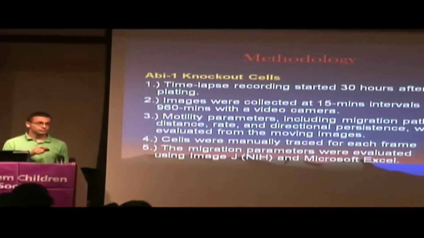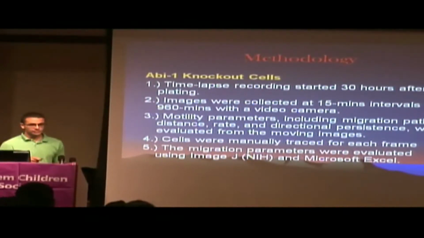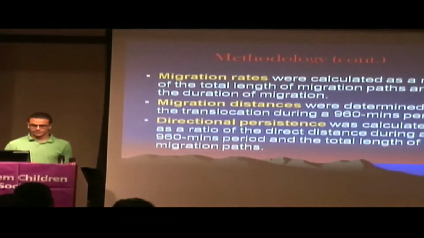So it was a very long process, and for every 15 minutes, we would trace where the cell went using this software, ImageJ. We would use this software to manually trace the cell and where it was going, and we measured for motility parameters such as migration path, distance, rate, directional persistence.